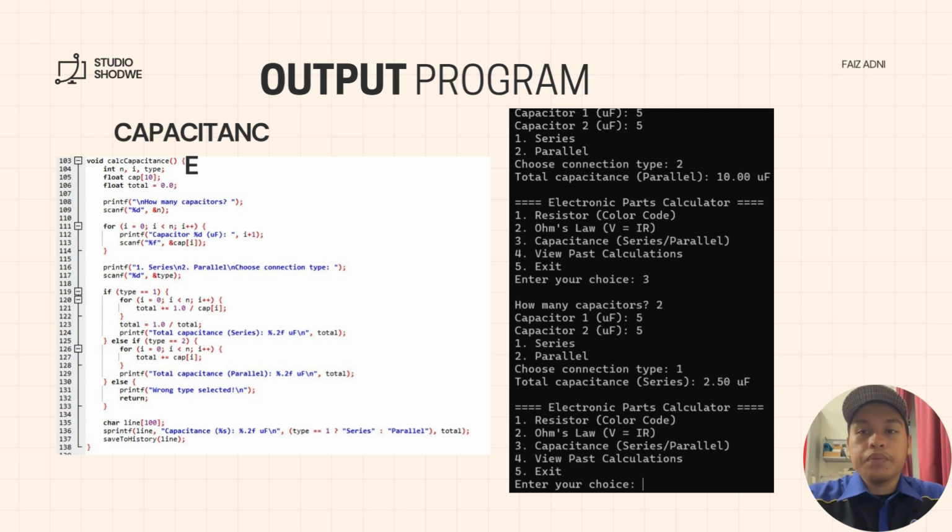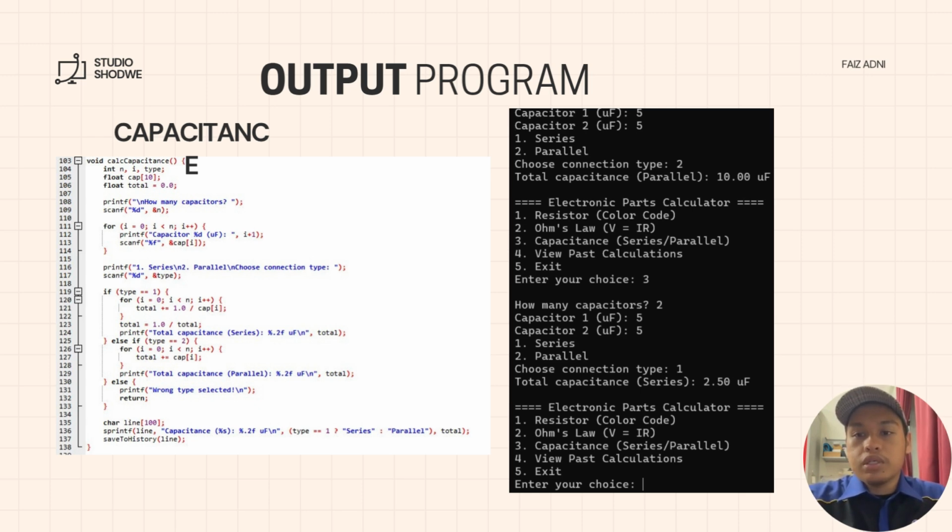Next, the user chooses the connection of the circuit, number 1 for series and number 2 for parallel. For this output, the user uses number 2, parallel, so the program calculates and the total capacitance is 10 microfarad.